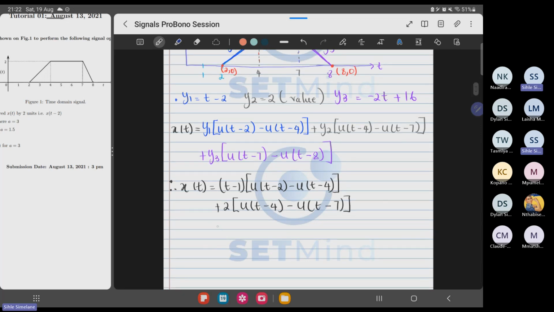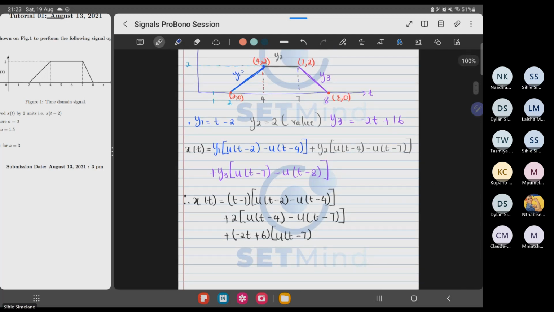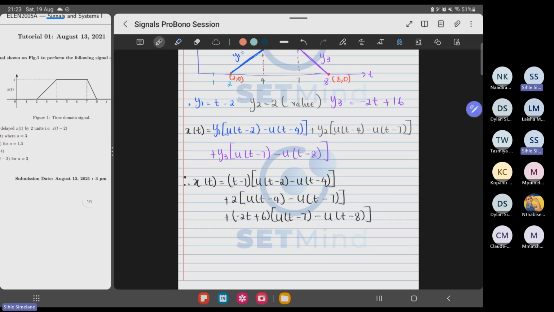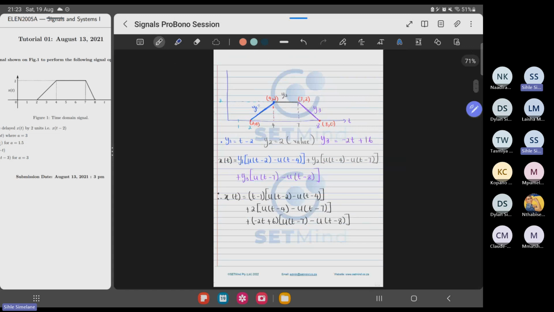Then the last one, y3, plus the function for y3 we obtained as negative 2t plus 16, starting from t is 7 to t is 8. And there you go. That's your x of t. And then now we can start stressing about doing what they are saying we should do, but at least we have our x of t. So this is the first step.